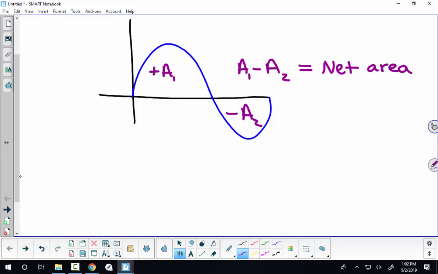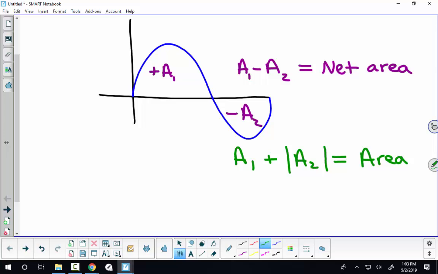Instead, A1 plus the absolute value of A2 gives us the area. In other words, any negative areas indicating areas below the x-axis, you just knock off the negative sign and add that to the areas above the x-axis.